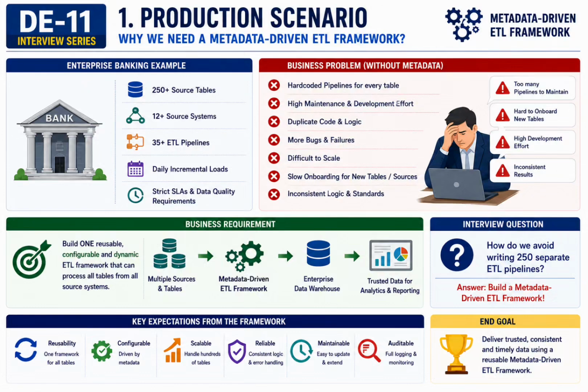Maintaining hundreds of pipelines becomes extremely difficult. Whenever a new column is added or a business rule changes, developers must manually modify multiple pipelines. This increases development time, introduces bugs, and makes onboarding new tables very slow.